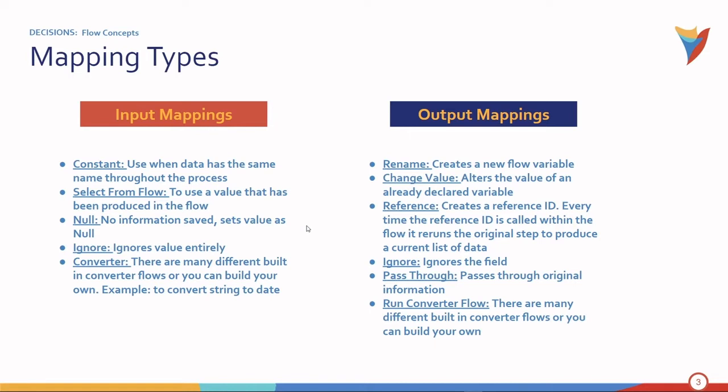Finally, on the outputs, you have a few options here as well. So you can rename, which your steps are automatically going to use for the output, where it creates a new flow variable. But that flow variable, depending on the type of step that it is, may be similar or it may be the same as your previous steps.